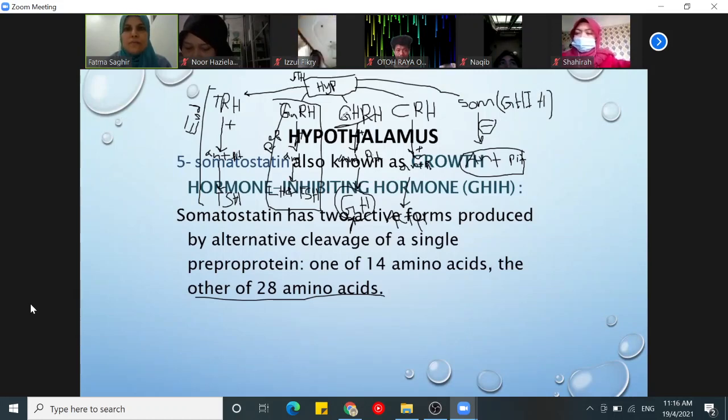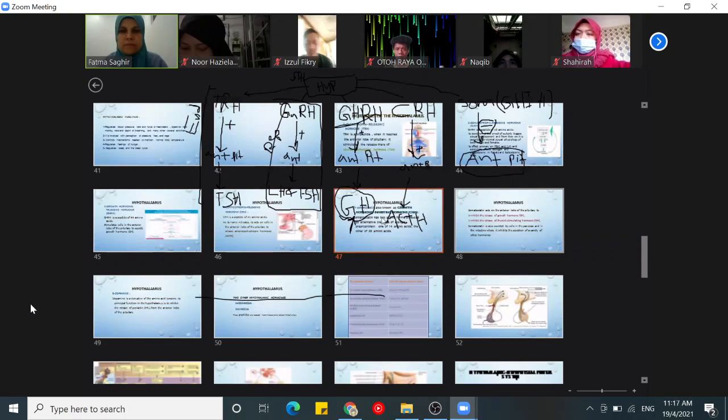So we have growth hormone releasing hormone, the third one here, and also we have growth hormone inhibiting hormone, or the other name somatostatin. It's the same thing. So this will make anterior pituitary stop secreting growth hormone. No more growth hormone.